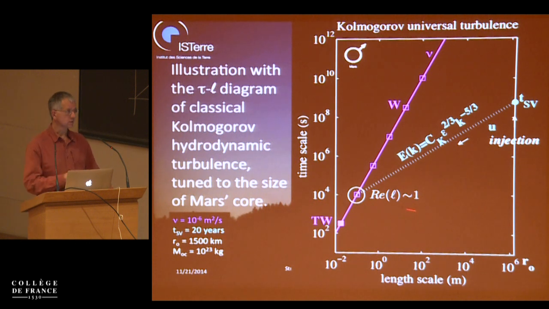I mentioned that this cascade depends on how much energy input you have. And if you put more energy, that means shorter time scales for the largest scales, you will intersect that line at smaller times. And I mentioned that this also means that you have more energy input in the system, which means also more energy dissipation. So if you take that seriously and you multiply this epsilon I had before by the mass of the core, you end up with the total dissipation in the core.